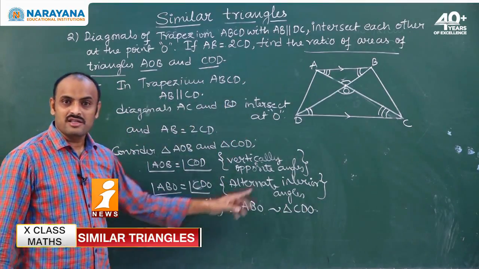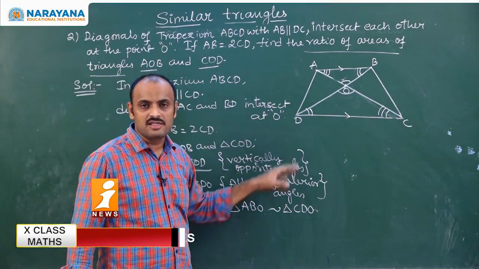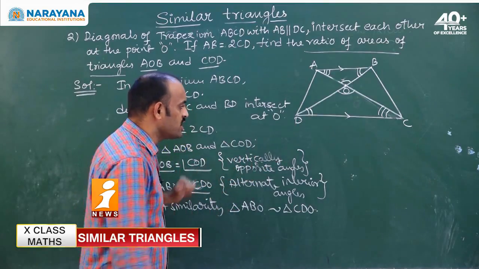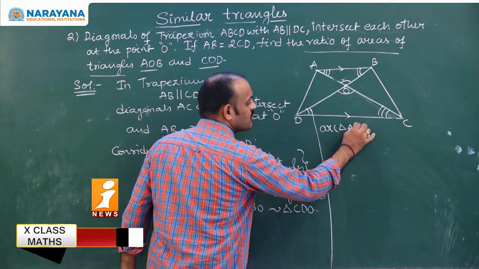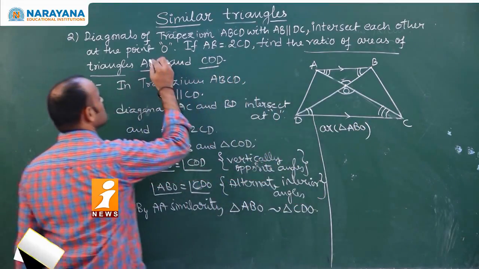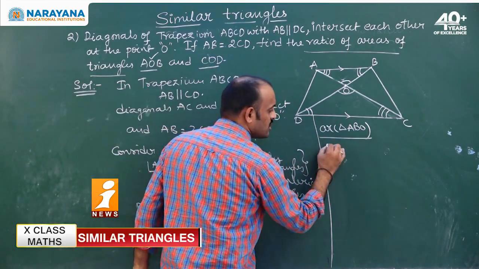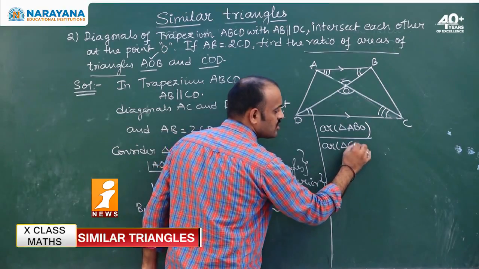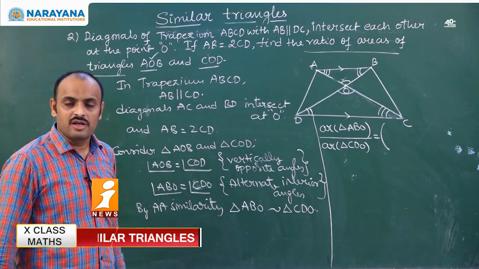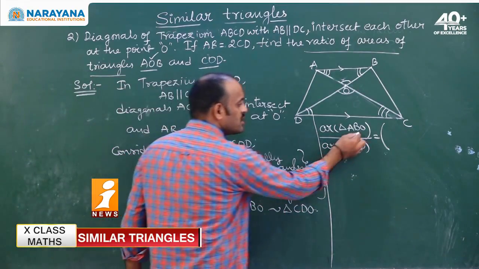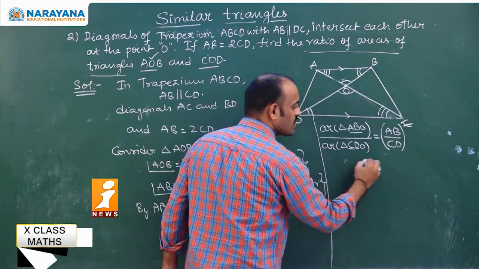Once the triangles are similar, now I can make use of the theorem: ratio of area of similar triangles is equal to square of the ratio of the corresponding sides. Therefore, area of triangle ABO, since the question mentioned ABO first, so I have used ABO there, to area of triangle CDO is equal to AB by CD whole square.